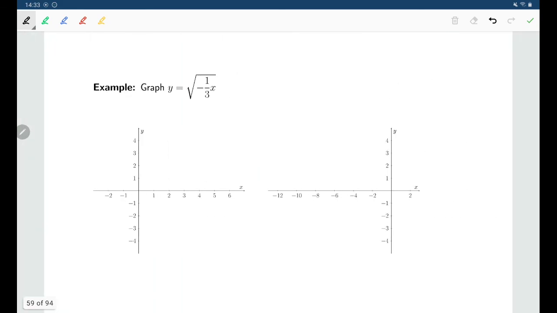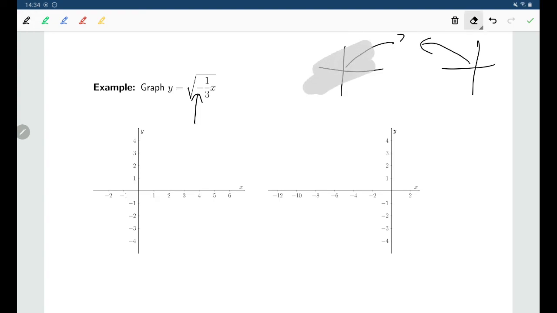So something like this, we've got our square rooting function, and it's y equals square root of -1/3 x. So the negative, that's going to be doing a reflection in the y-axis. The square rooting function, we know it originally points off to the right. So for the negative, that will make it now point off to the left.